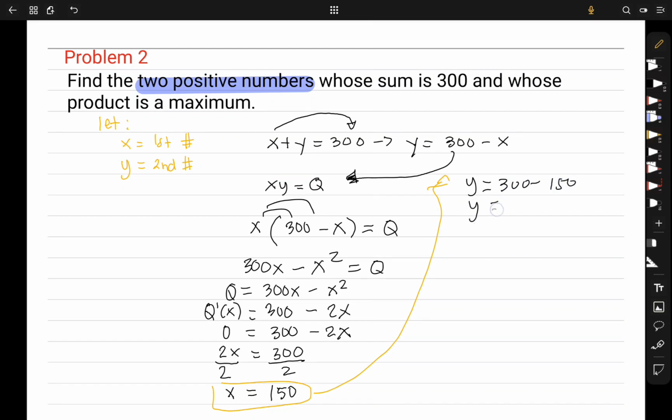So y is equal to 150. So what we're looking for, right, is to find the two positive numbers. So our two positive numbers are 150 and 150. So that is our final answer.